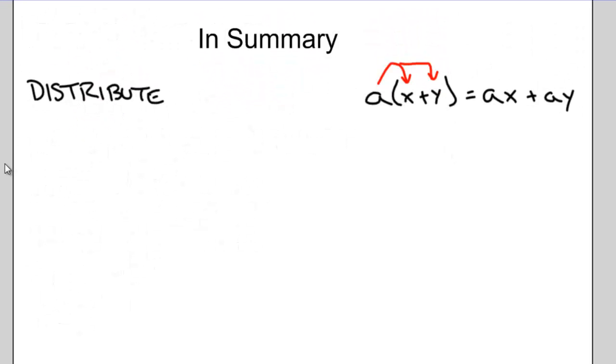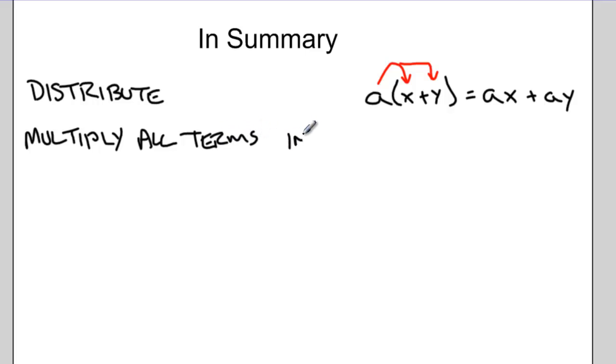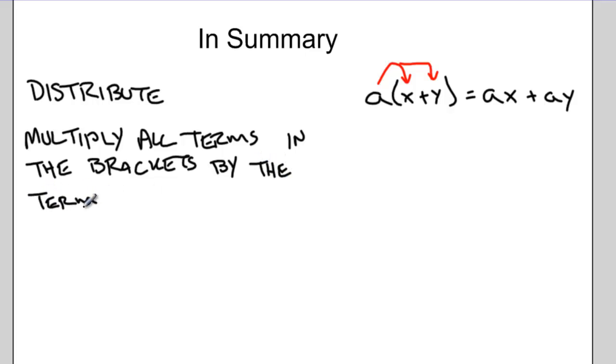So in summary, in this video we talked about distributing. We saw that when we distribute, we multiply all terms in the brackets by the term that is attached to the brackets.